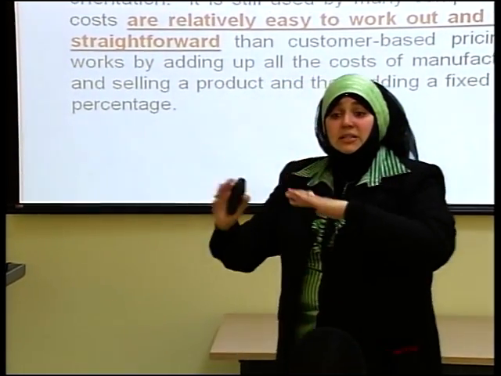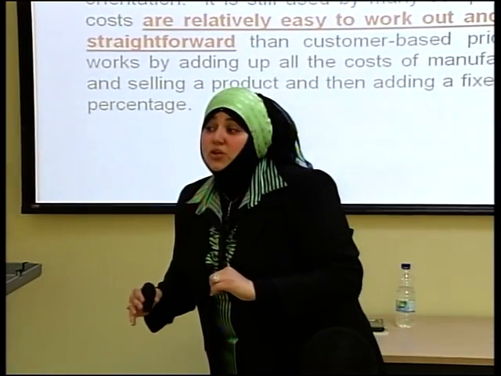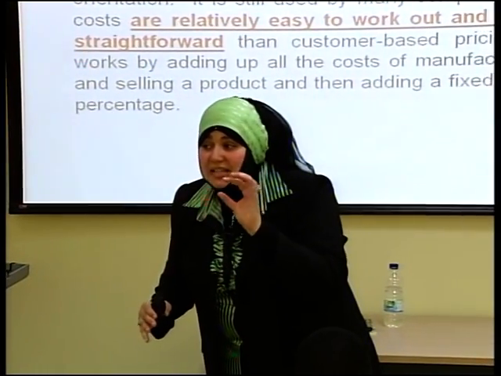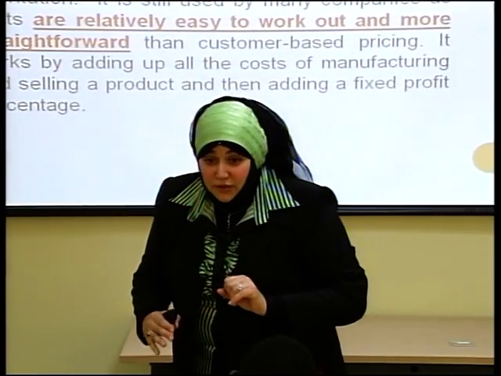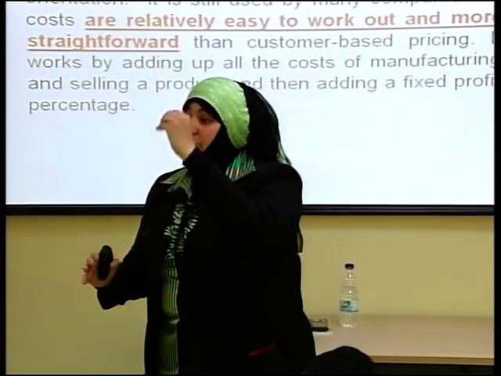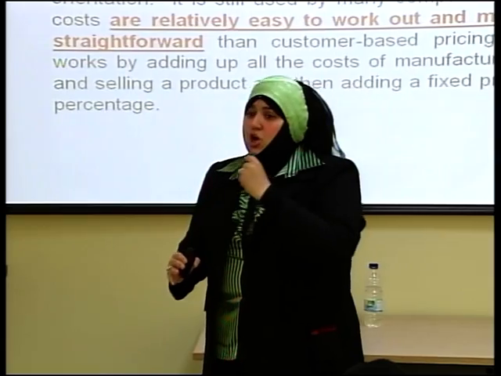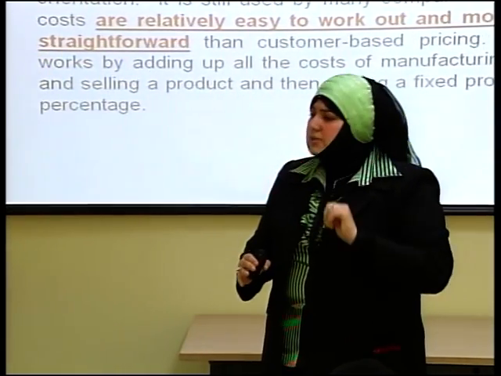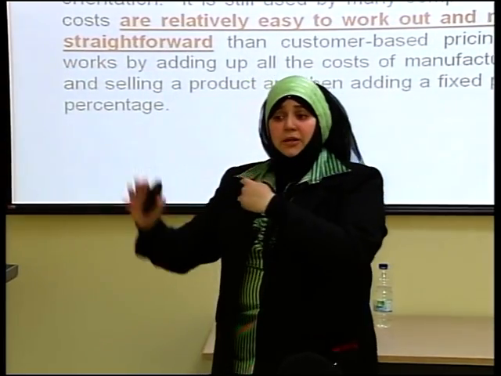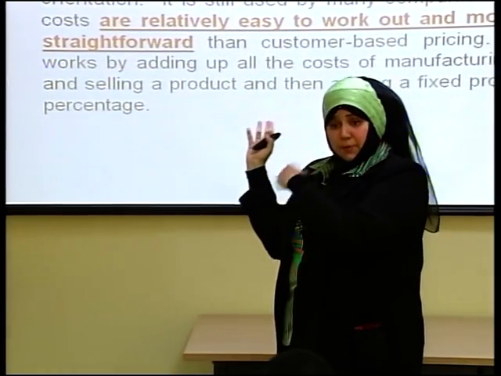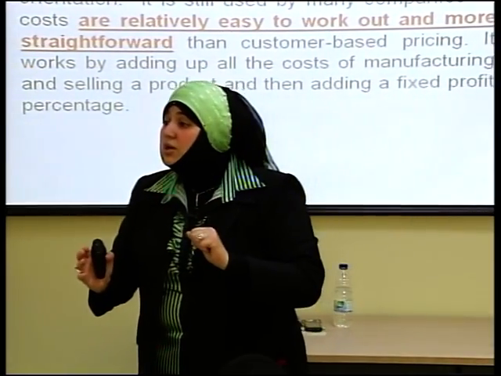Then some companies decide to price their product based on this cost. What do they do? They add a fixed profit percentage. Assume that one unit of product X costs the company $100. If the company is following the cost-based approach, they will add a fixed profit percentage.